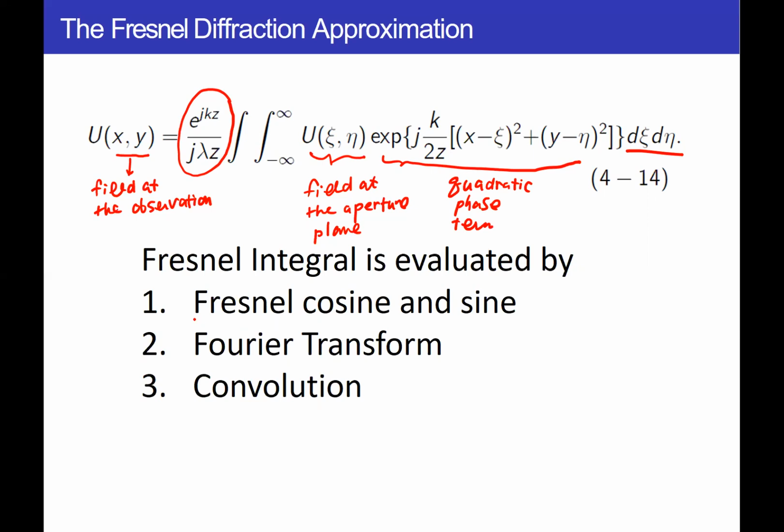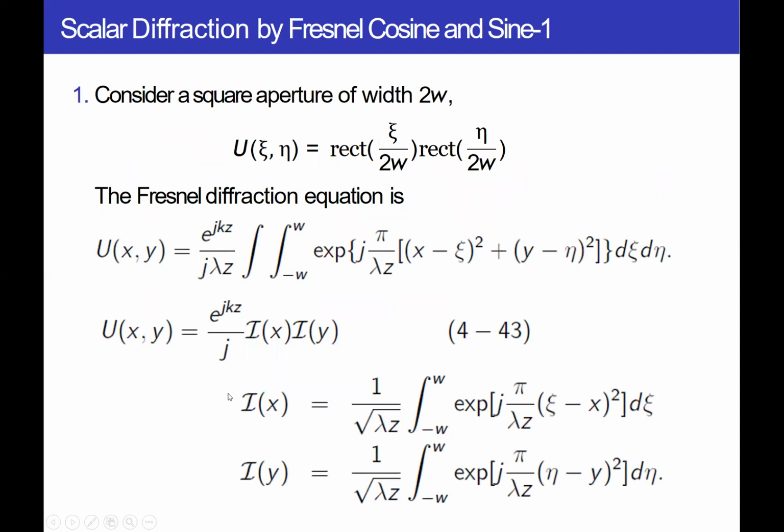So we have thought about Fresnel cosine and sine, and then today we are going to talk about Fourier transformation and convolution. As a very simple example, a square aperture of width 2W, so from here to here, 2W.